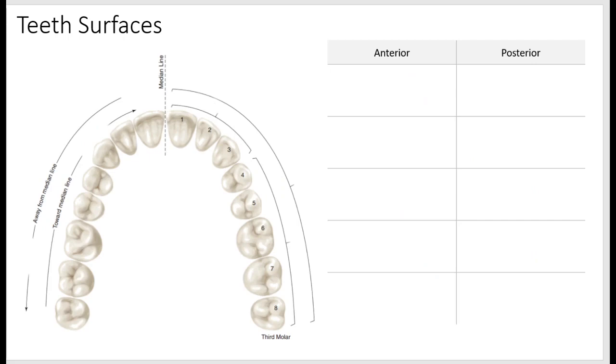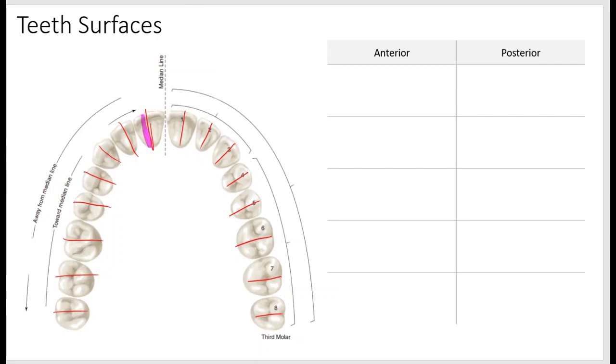So we already talked about this view for now, right? Each tooth, technically we can split it into 2 sides. There's one side that is distal, and there's one side that is mesial. And we know that the distal side is the farthest from the midline.